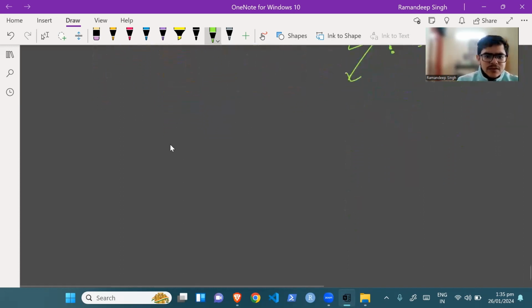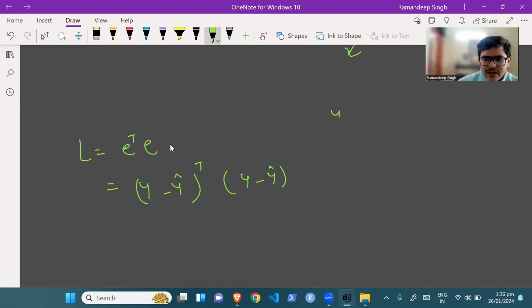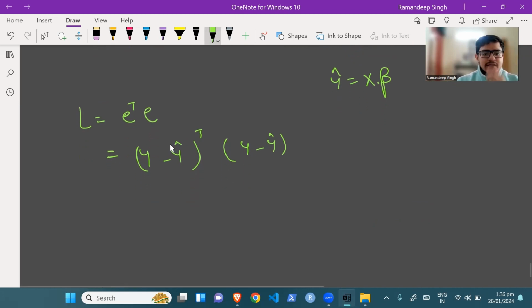Okay. So my loss function is E transpose E, which is equal to y minus y hat, transpose, multiplied by y minus y hat. I don't need to write this i term because it is a matrix in itself. And we know that y hat is equal to x times beta, x dot beta, a dot product of matrices, right?